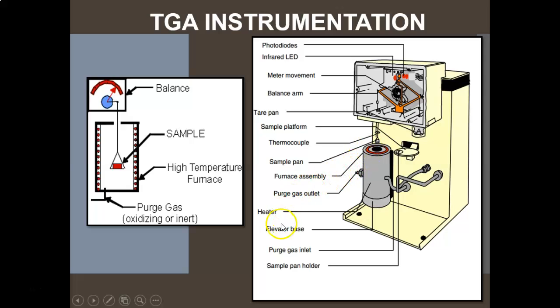And we have the heater here, and the purge gas inlet together with the sample holder. The sample must be placed inside the pan, outside it has a furnace, and the purge gas is below the furnace.